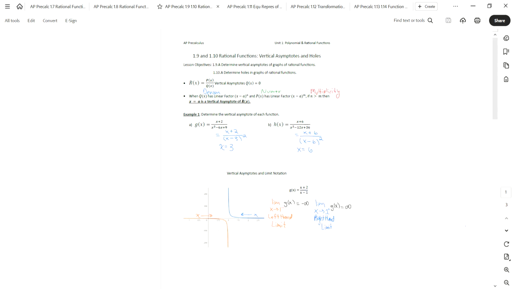1.9 and 1.10, vertical asymptotes and zeros. So this is obviously what we just talked about with the justification. If all the factors of the denominator disappear, it's a hole.